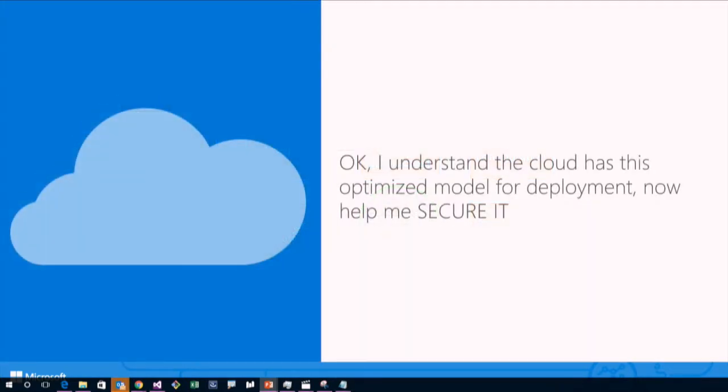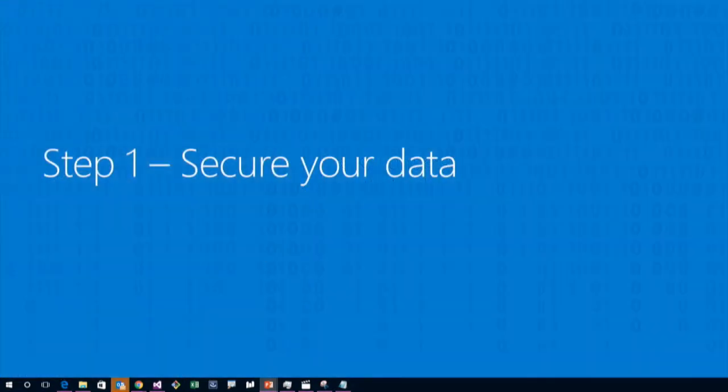Now, I'm sure all of you are already thinking, well, I understand the cloud, and this is an optimized model for it as well, but we're here to learn about security. Help me learn about that. So what's the first step? As part of the cloud model, we saw that we separated compute and storage. In essence, you're not really separating it to be remote.